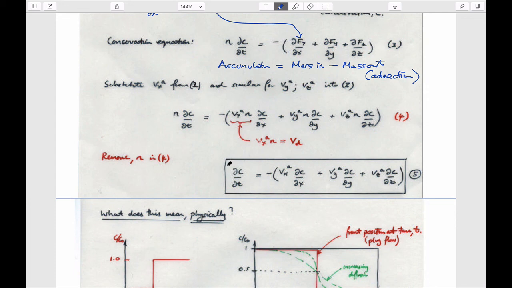It has three components as before, but if we're interested in one dimension, then we can just take one part of that.